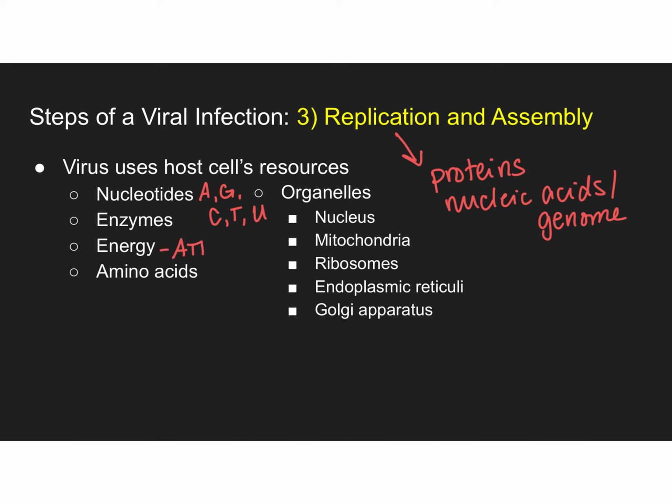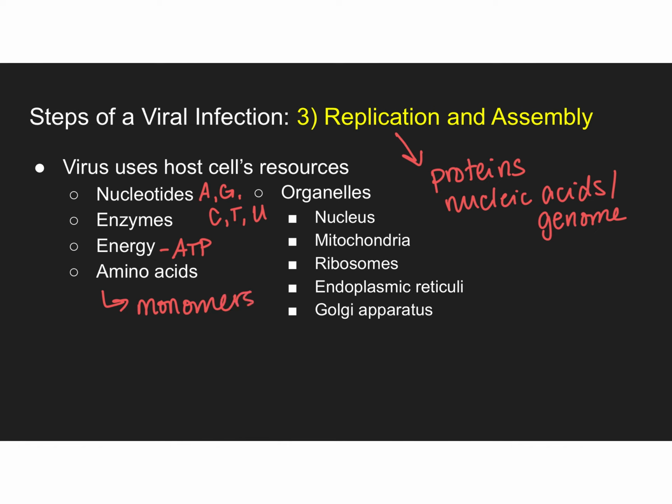So this could be ATP or other energy molecules that it's going to use for the cell to make ATP. But these enzymes are also needed for that replication process. So to make more DNA or to make RNA, you need things like DNA polymerase or RNA polymerase. These enzymes are also needed to make proteins, amongst other things. And then also amino acids, because remember that these are the monomers of proteins.